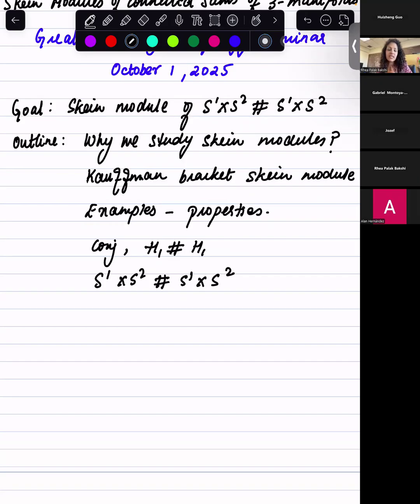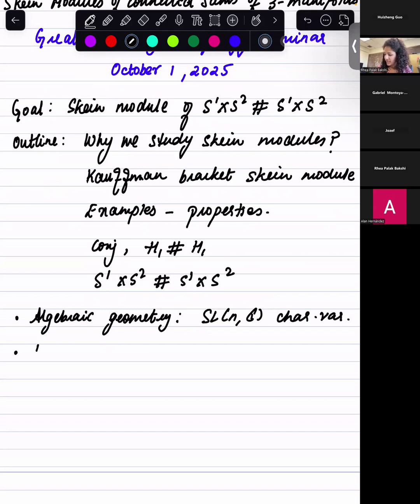All right. So Skein modules are rather central in our study of quantum topology. The reason for this is that they are related to many fields of mathematics, for example, algebraic geometry, via SL_N(C) character varieties. They're related to hyperbolic geometry, via Teichmüller spaces.